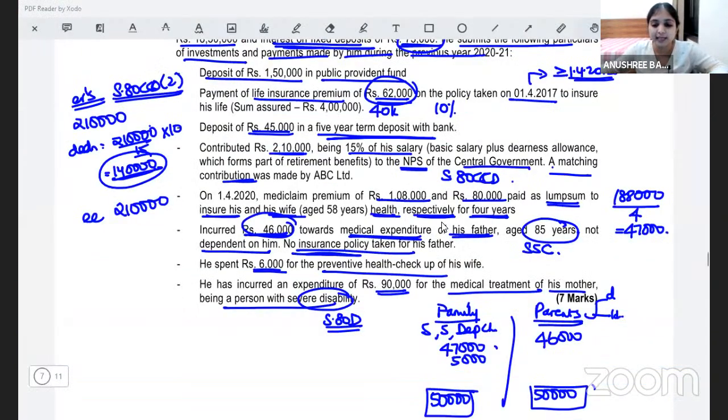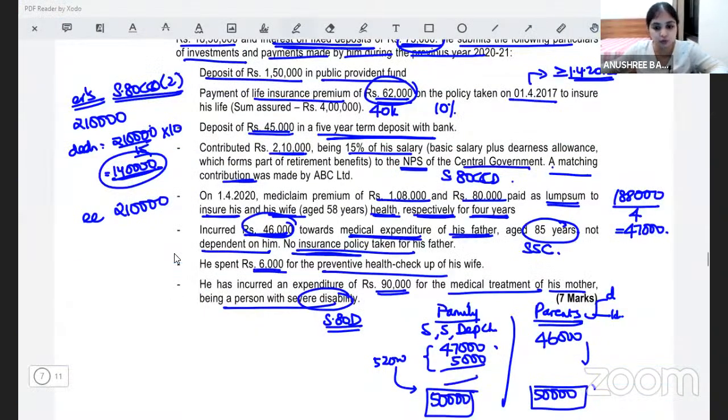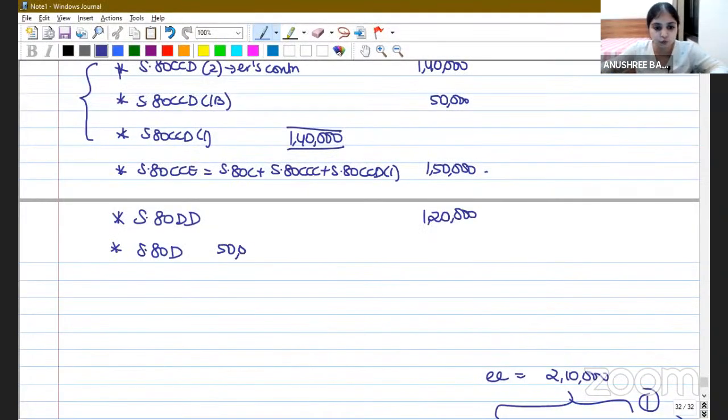Now talking about 80D, here we have totally 52,000. This we will restrict to 50,000, parents 46,000. So section 80D, for family it's actually 52,000, but we will restrict it to 50,000. For parents 46,000. Here we will get totally 96,000. That is it.